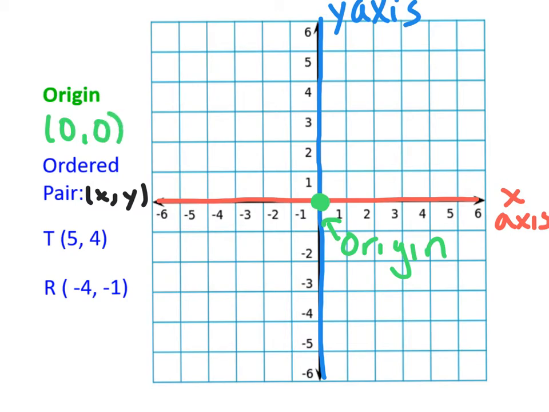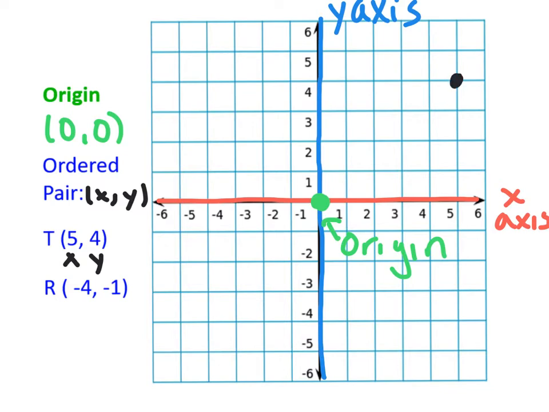To graph the following ordered pairs, we first have to consider the point T at 5, comma, 4. So this means I'm going to go to 5 on the x-axis and 4 on the y-axis. So I move over to 5 on the x-axis and up to 4 on the y-axis.